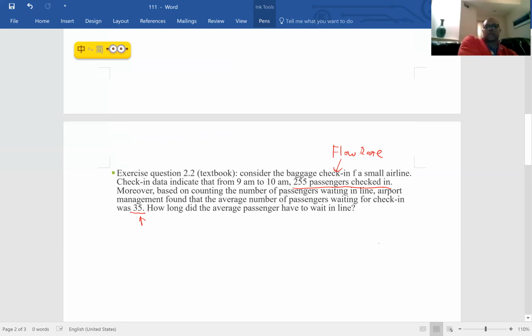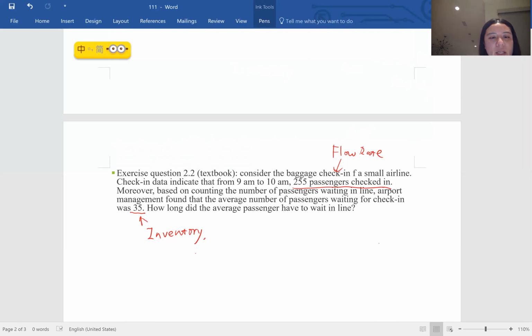And the 35 can be treated as inventory, because in the waiting line, there are 35 passengers. So from these two terms, we know that we are gonna use Little's law.